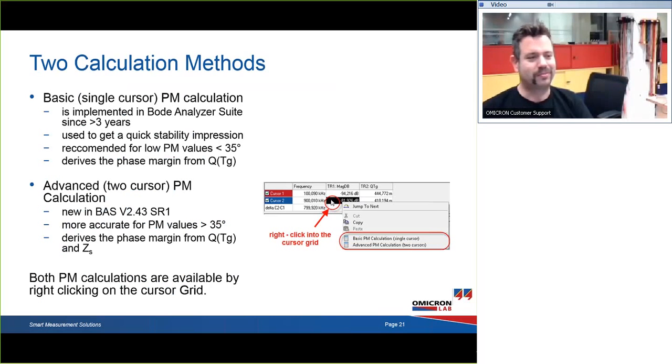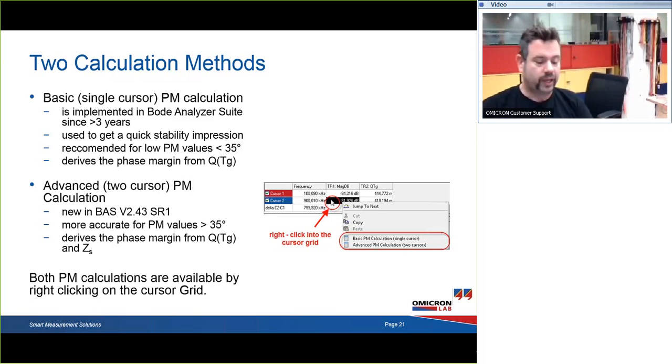The basic phase margin calculation is implemented in the Bode Analyzer Suite since 3 years now. It's used to get a quick stability impression, and is recommended for low phase margin values, so it delivers accurate results for phase margins below 35 degrees. So this method can be easily used to find out if a circuit is stable or not.